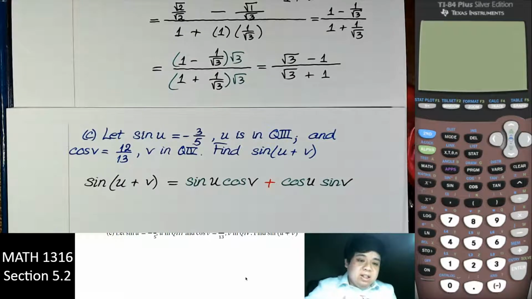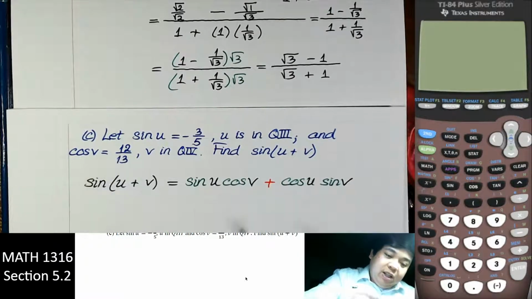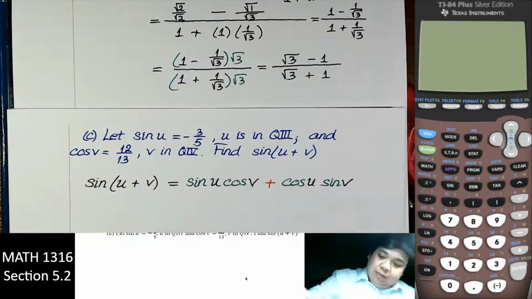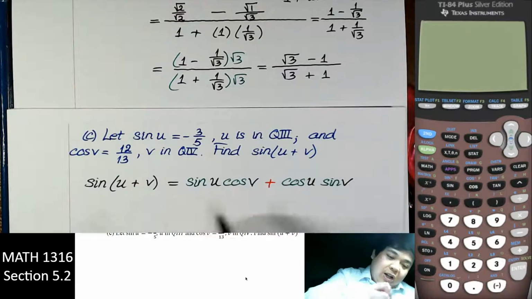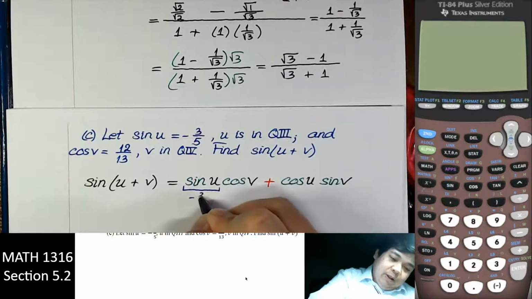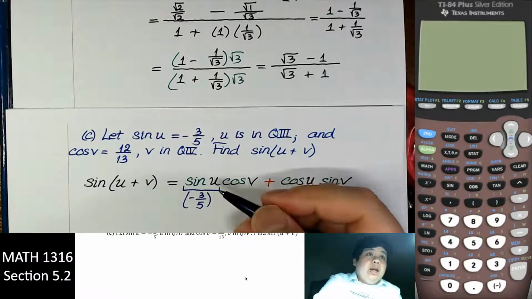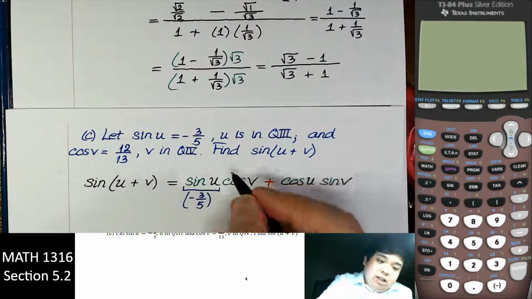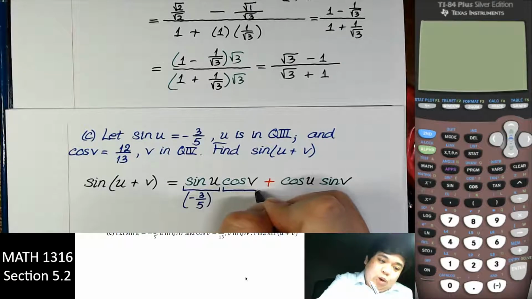What do we know? Cosine of v, and sine of u. Sine of u is negative 3/5. Cosine of v, we do know that as well, is 12/13.